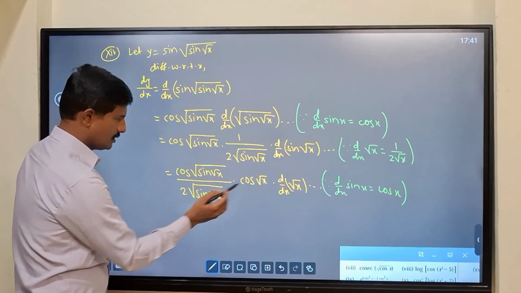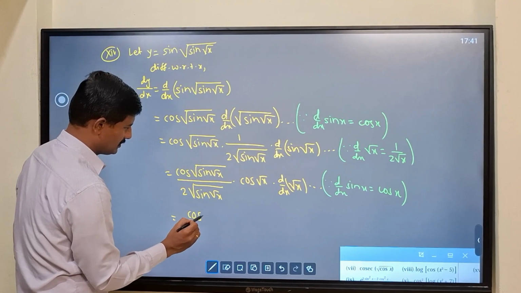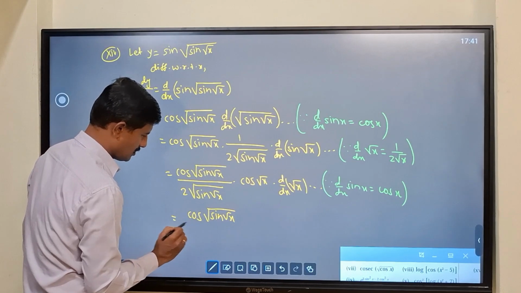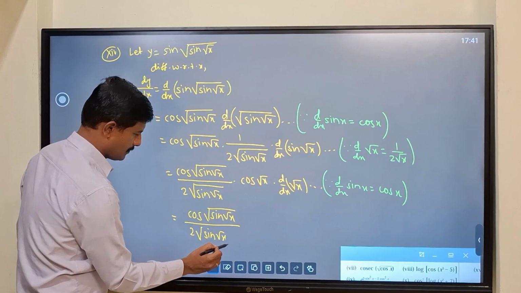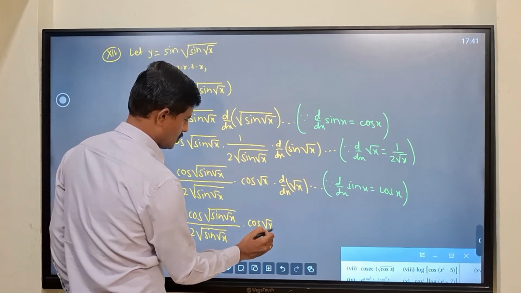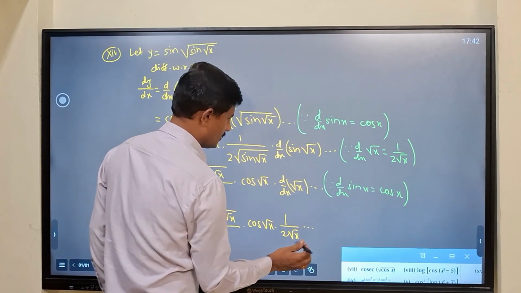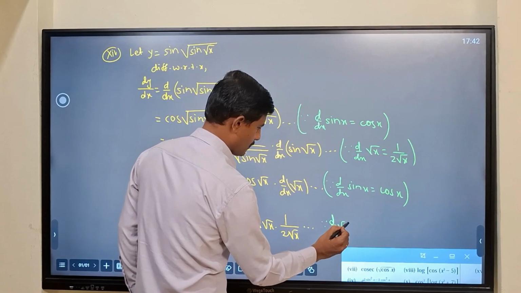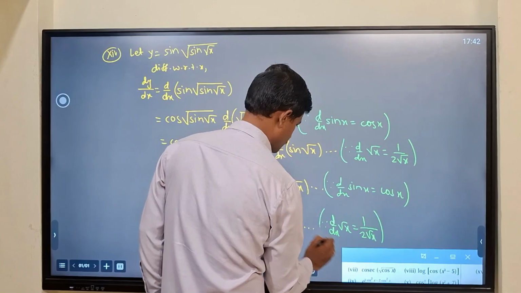And next one is, I will write down that root x first. Sorry, I will write it as it is: cos of root of sine of root x upon 2 root sine of root x into cos of root x, and this will become 1 upon 2 root x. Here we use this formula d dx of root x equal to 1 upon 2 root x.